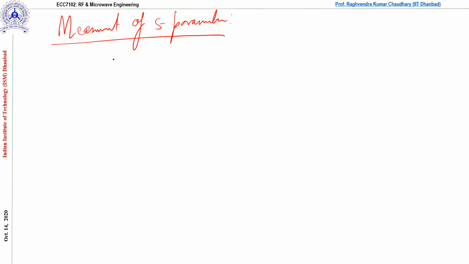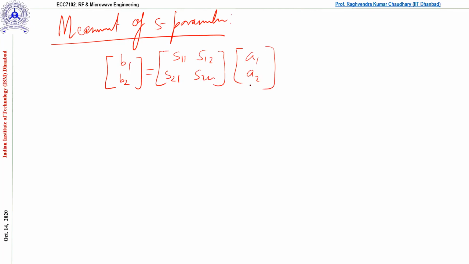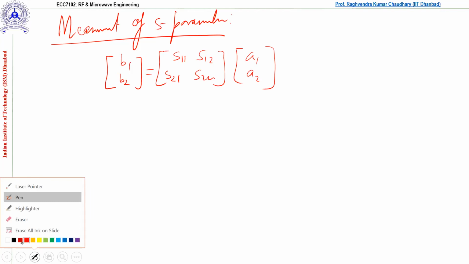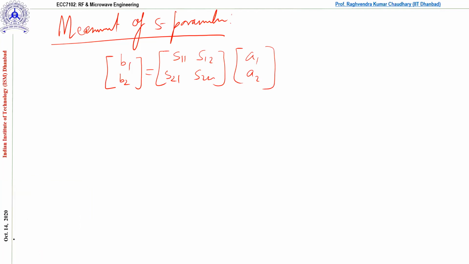So let us make the matrix: B1 B2 is equal to S11 S12 S21 S22 times A1 A2. Fine. Now it is quite simple. If you recall your two-port network, to find S11, what we will do?